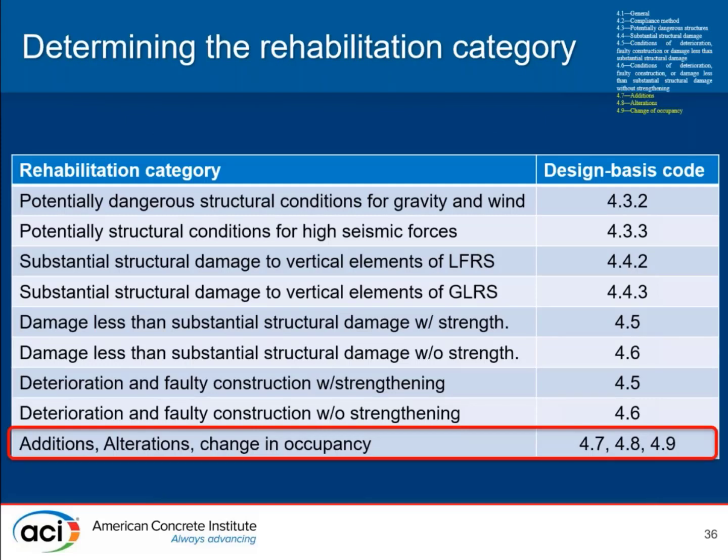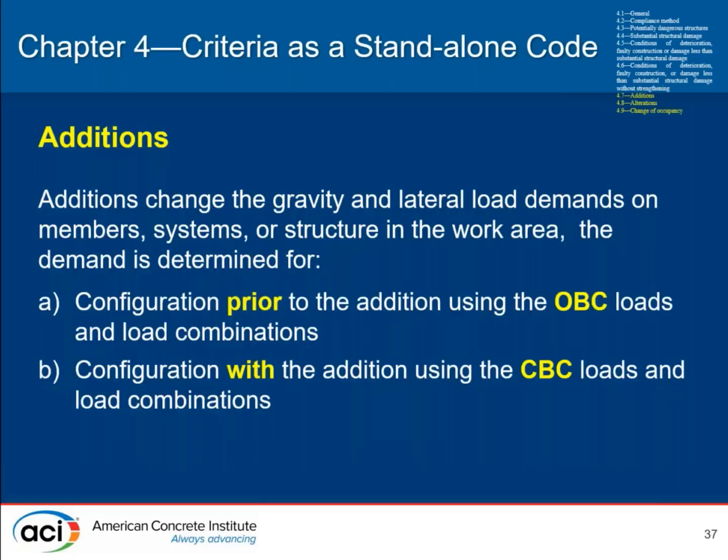And finally, let's talk briefly about alterations, additions, and changes in occupancy, our last trip to this table. So here are the criteria used for alterations. Here are the criteria for additions. Additions change the gravity and lateral load demands on member systems or structures in the work area. And so the demand is determined for the configuration prior to the addition using the original building code loads and load combinations.